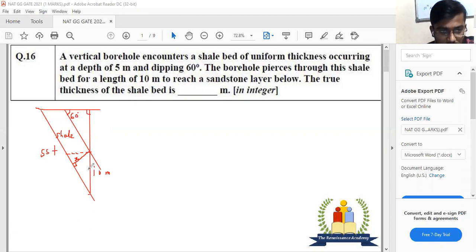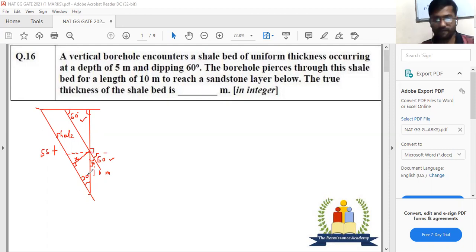Okay, so let's say this is your 90 degree and this angle is 60 degree, because corresponding angles are equal. This angle and this angle should be equal, 60 degree corresponding angle. If this is 90 and this is 60, so obviously here this angle should be 30 degree. Okay, angle sum property.